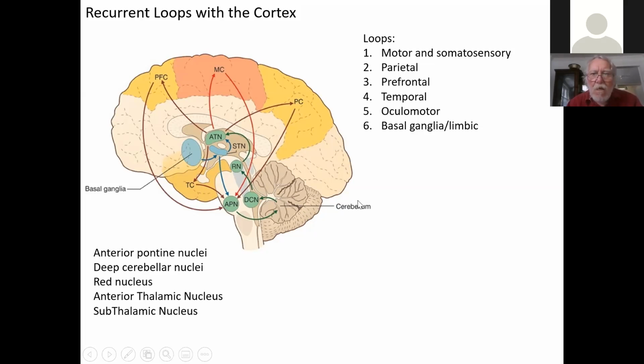Then we have the oculomotor control as to how we are going to basically control that vast majority of eye muscles that then allow us to make particular movements. And then, of course, the basal ganglia.